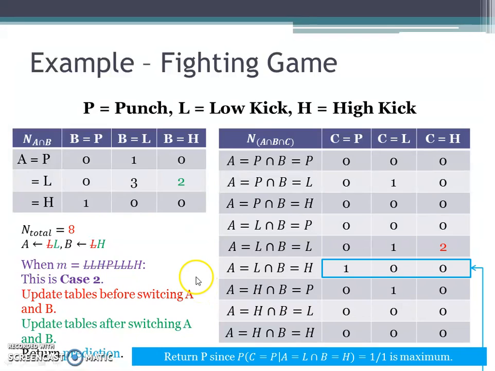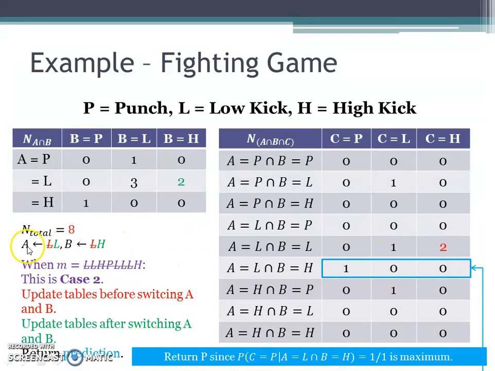Now move on. We have a new strike, and the new strike is H. Now the total will become 8. When we update the table, we are modifying the frequency for A equals L, B equals L, and C equals H. So you see a 1 here being updated to 2.